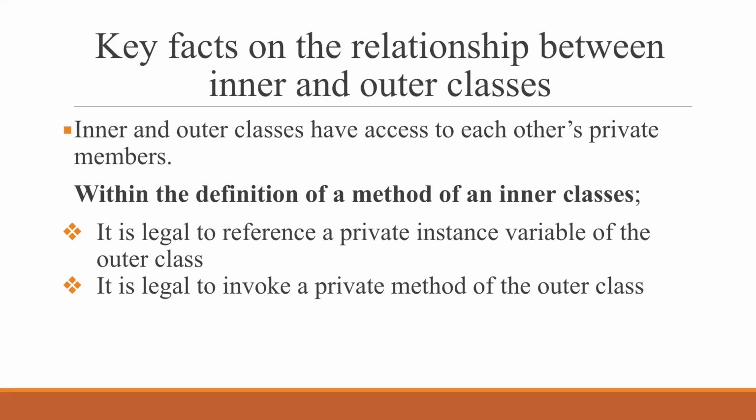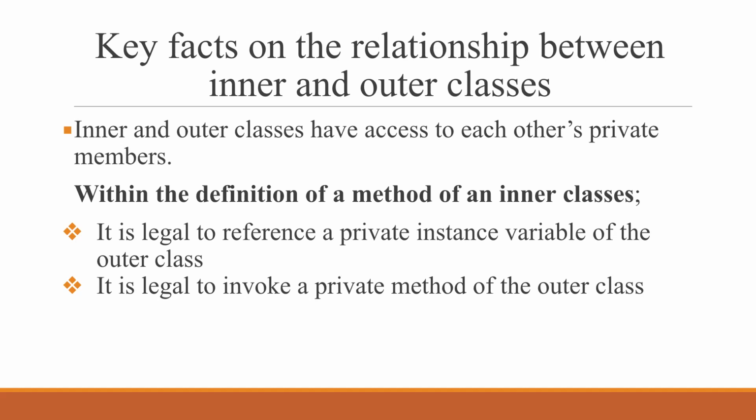So it is legal to reference, within the body of an inner class, a private instance variable of the outer class. If you declare maybe a private integer in an outer class, an inner class can then access that private instance variable. And then also it is legal to invoke.